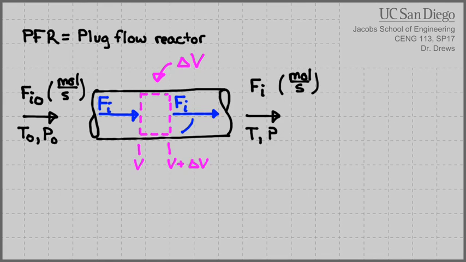Therefore, we're going to denote the entering amount as F sub I evaluated at V, and the one coming out is F sub I evaluated at V plus delta V. So there's some coming in at whatever location V is, and then there's a little bit more coming out at V plus delta V. Within that reactor, within this control volume in here, since I can't actually draw that, there is a reaction going on at rate R sub I.